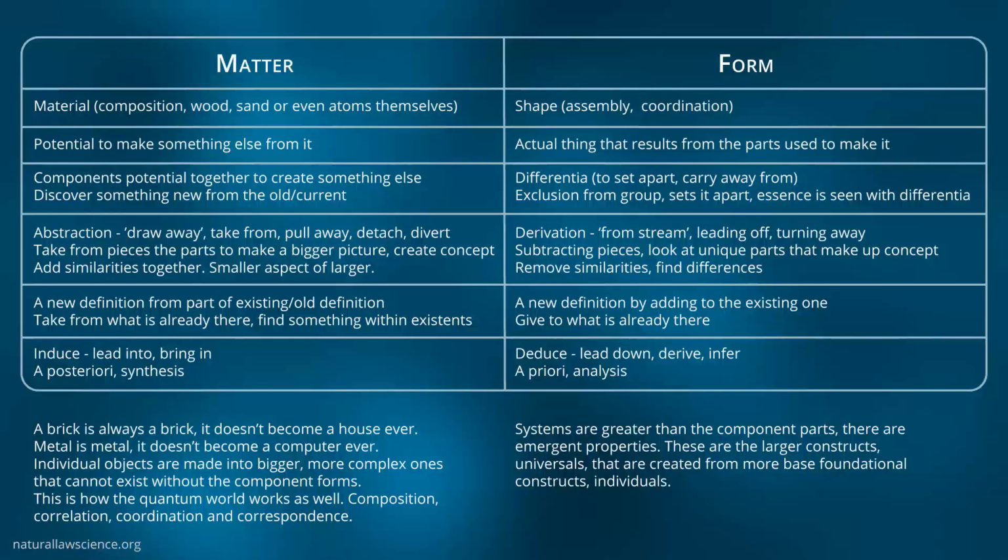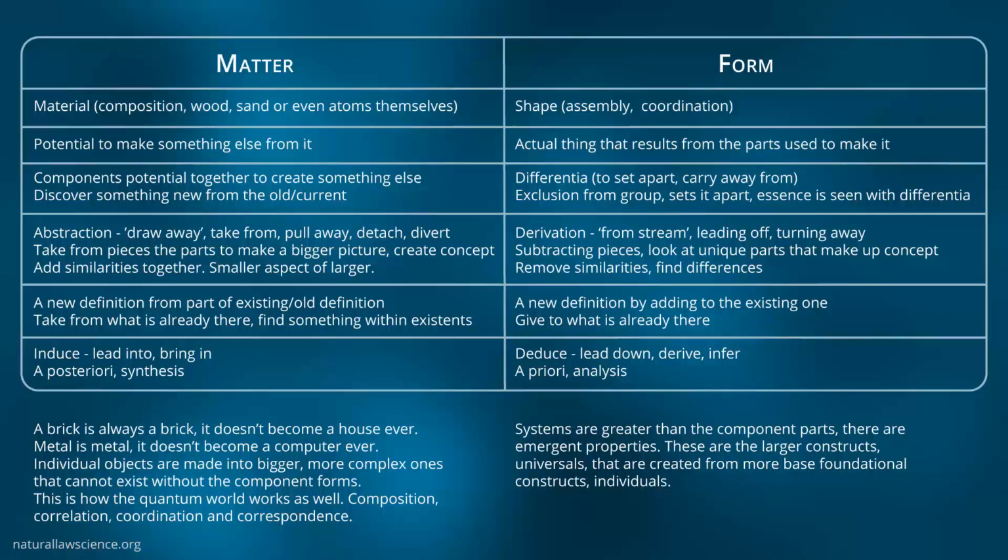And on form, we have a new definition by adding to the existing one. That's when we already have our general concept, the existing one, and we're going to add definitions. We're going to derive and differentiate differences, adding new definitions from a general that already exists. It's different from the inductive path. So we're giving to what is already there.